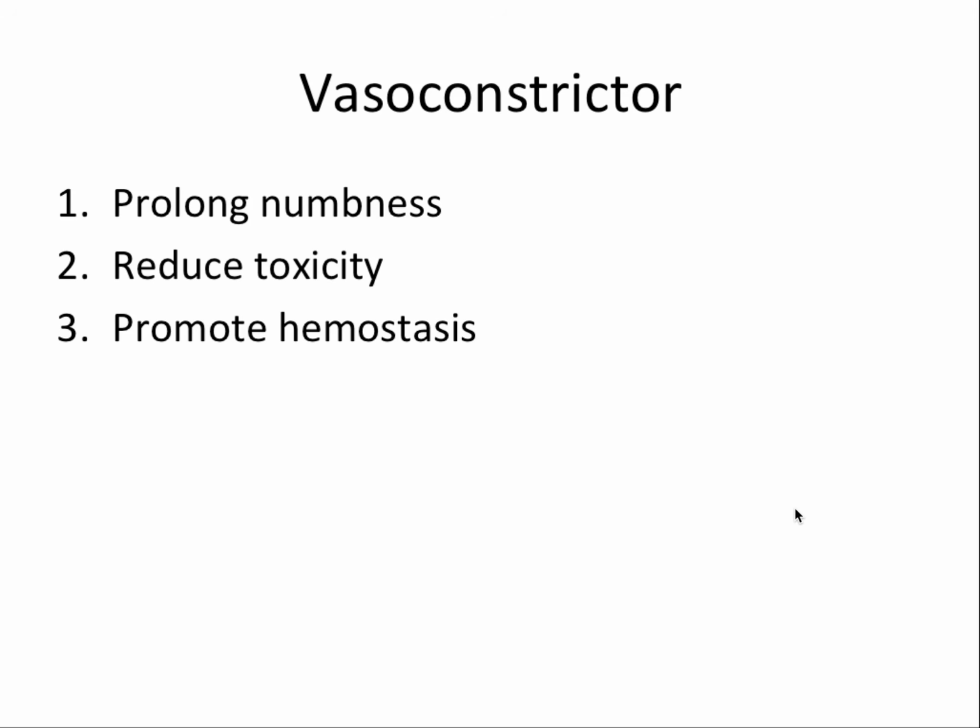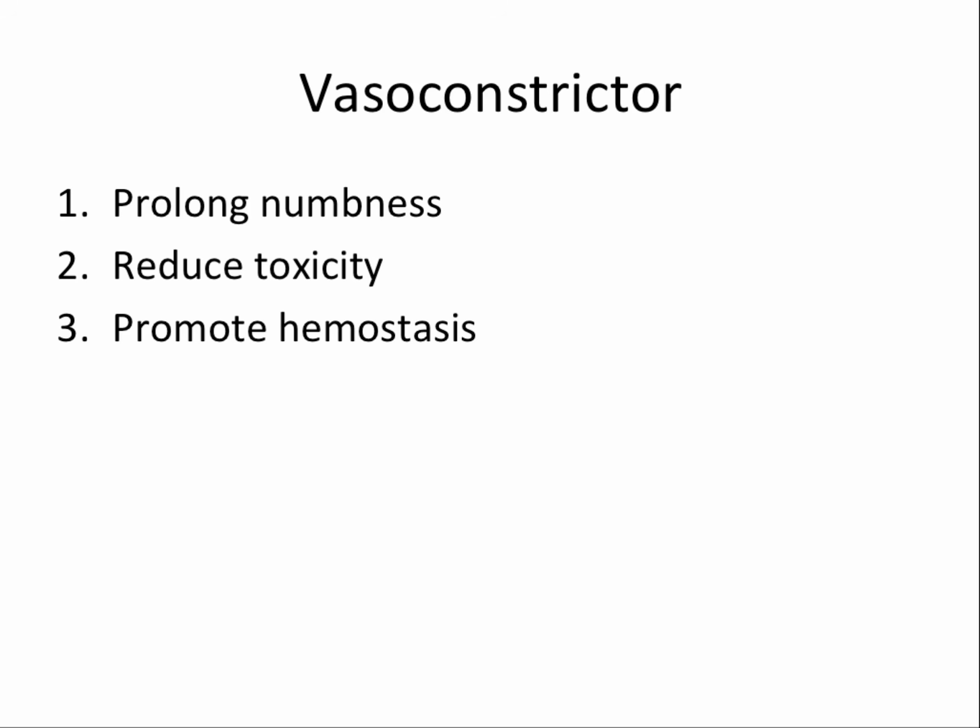So we were just talking about epinephrine, and I mentioned before it was a vasoconstrictor, and it has 3 purposes as a vasoconstrictor in local anesthetics, and these are crucial to remember. So it prolongs numbness, and as I talked about before about blood flow, increased blood flow means a shorter duration of the drug.